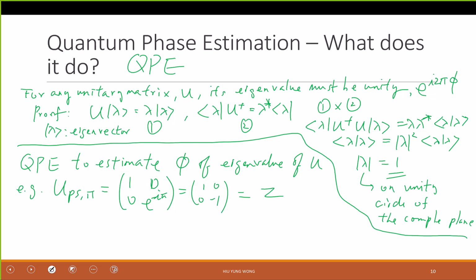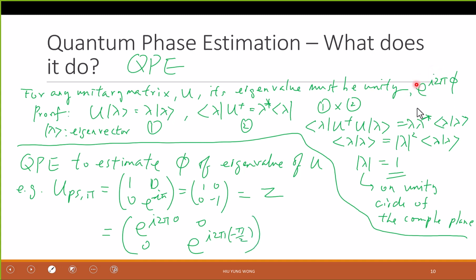Now, this is not useful for me. That's not why. I want to know the eigenvalue of Z. What's the eigenvalue of Z? You know already, right? 1 and minus 1. And this is in diagonal form. Remember? When your matrix is written in diagonal form, all elements on the diagonal must be eigenvalues, right? So I don't need to find the eigenvalue. But I will represent it in this way: e to the power i 2 pi times 0, and e to the power i 2 pi times negative pi over 2.